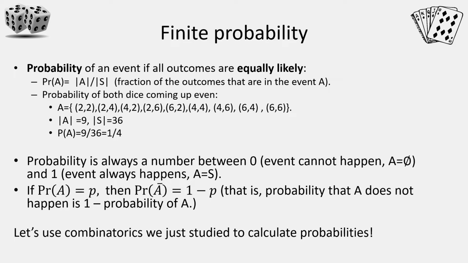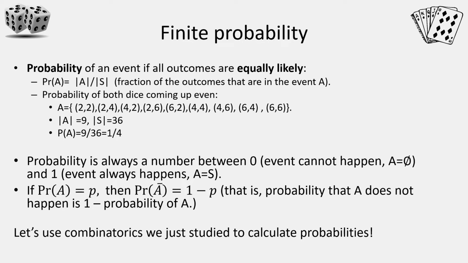it's very easy to figure out what the chances are, because the probability of an event is just the fraction of the number of outcomes in the event to the total number of outcomes. Again, here we're strongly using the assumption that all outcomes are equally likely.